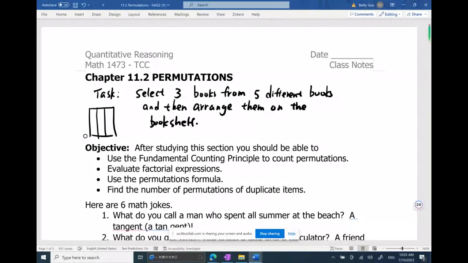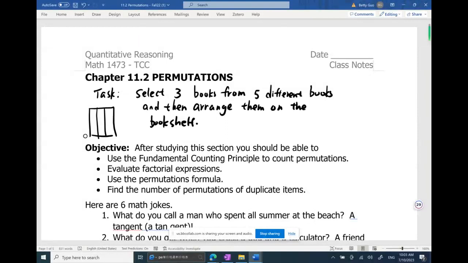Okay, your task is to choose 3 from 5 different books and then put them on a bookshelf. So let's see, how do we complete this task? Let's try to apply the fundamental counting principle because the task is very clear here, right? So how many steps in your task? 3 steps in your task.